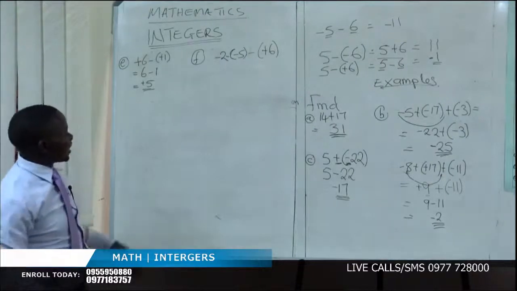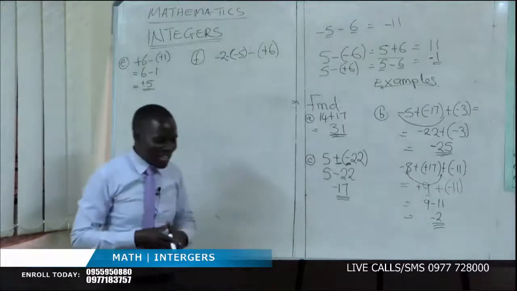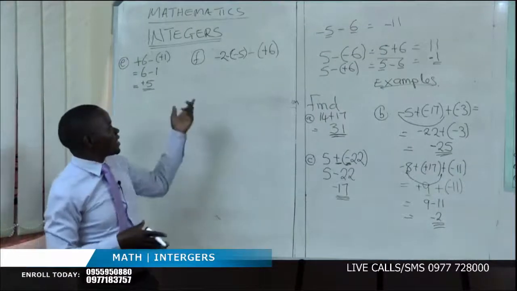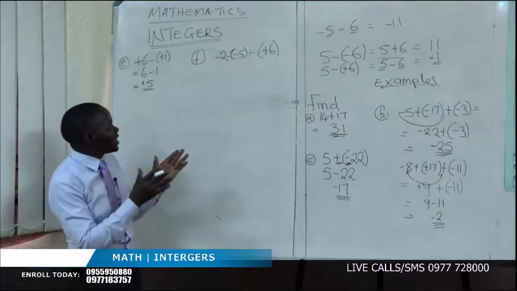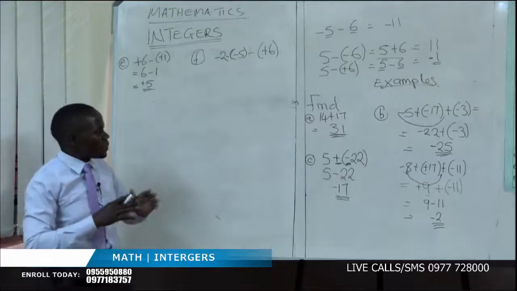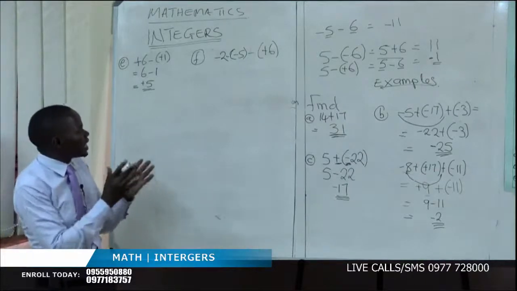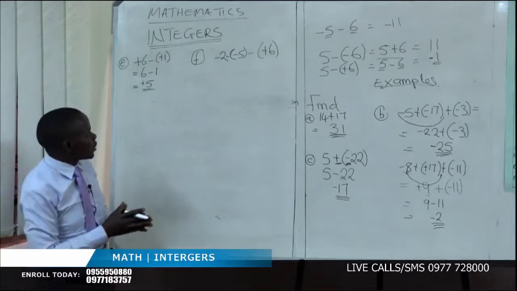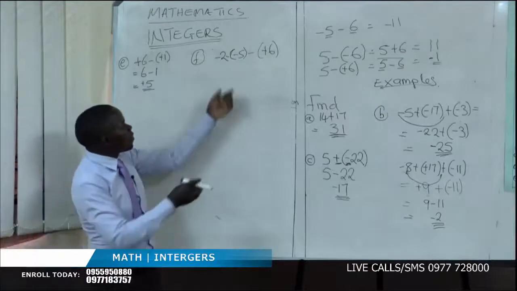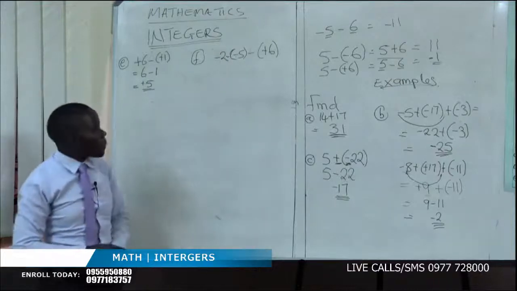Some of you are saying there are a lot of negative signs, meaning that we just have to continue with the negative sign. So before you even start answering, first do it part by part so that it becomes very easy. You are just evaluating, and at the end of the day, you bring it to the simplest way. So the first thing that you are going to do, look at the signs here. You have got like signs.